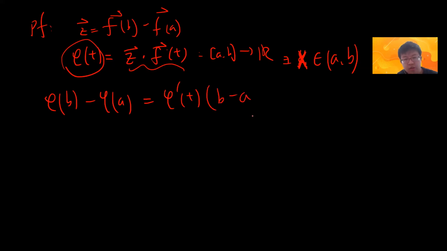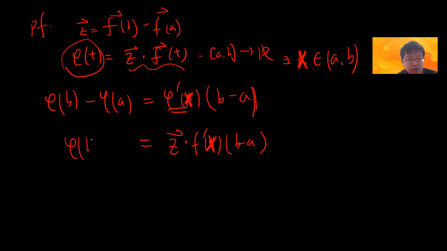Notice z is a fixed vector, so phi prime of x will be z dot with f prime of x. Sorry, this is x, I'm stupid. Okay, phi of b minus phi of a.